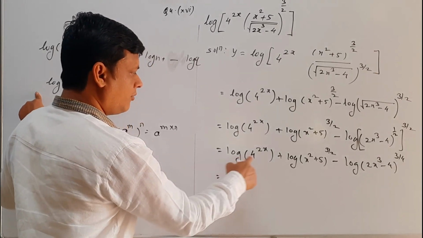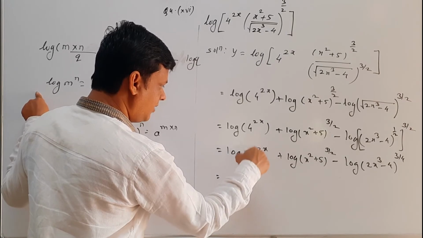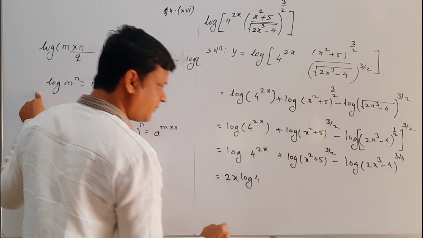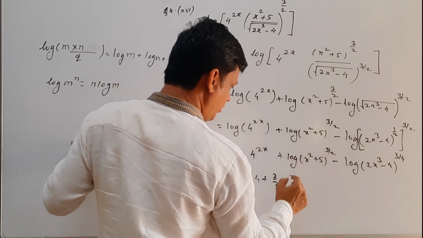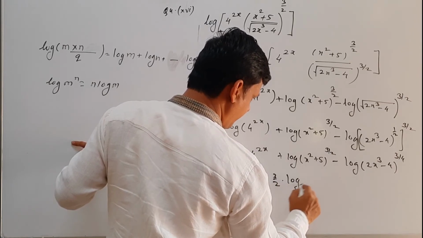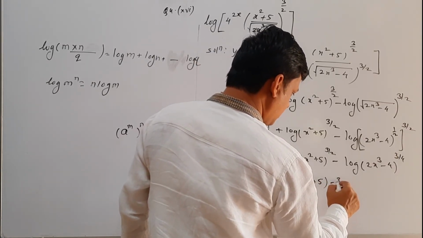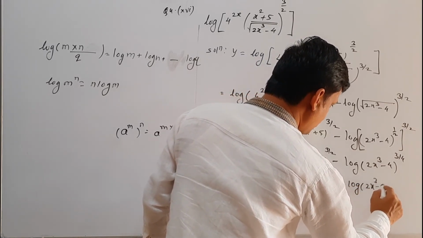Log 4 raised to the power 2x: this power 2x can be written as multiplication with the log, so we write 2x into log 4. The power we write in multiplication, so we write 3 by 2 into log of x square plus 5 minus 3 by 4 into log of 2x cube minus 4.